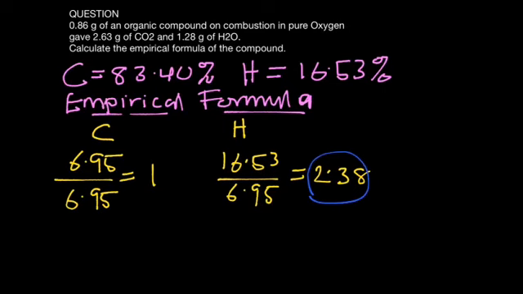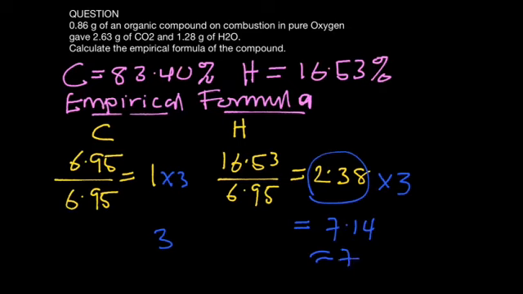Carbon times 3 will give us 3. And hydrogen, multiplied through by 3, gives 7.14, and approximately it is 7.